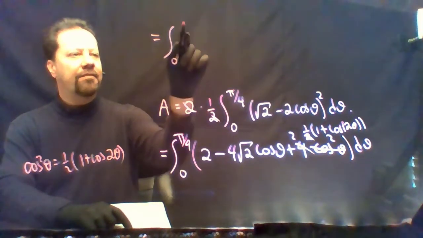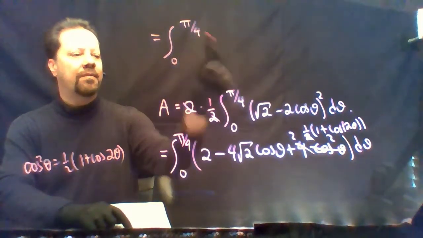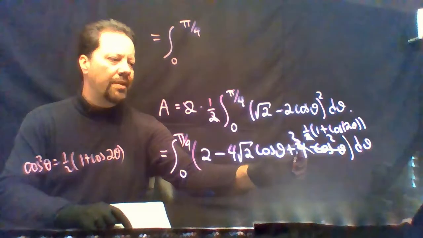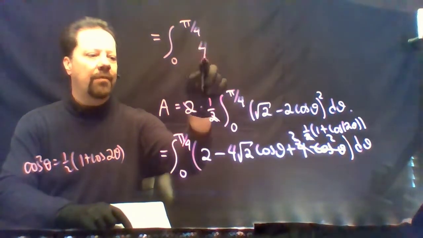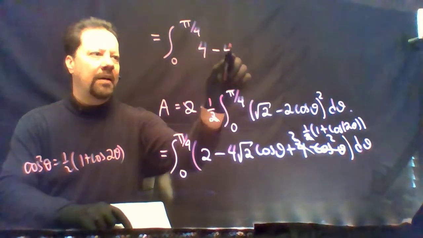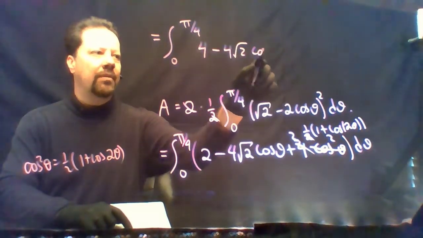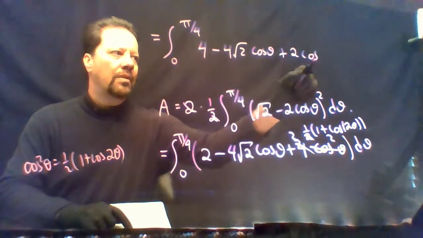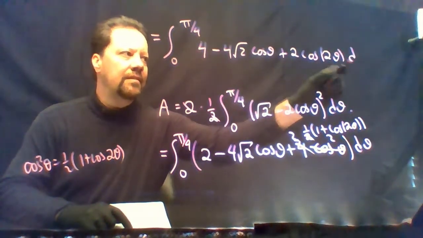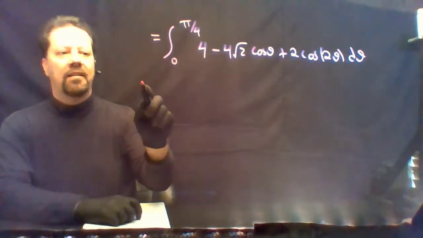We'll get the integral from 0 to pi over 4. When we distribute this 2, we'll have a 2 plus 2 is 4, minus 4 root 2 cosine theta plus 2 cosine of 2 theta d theta.